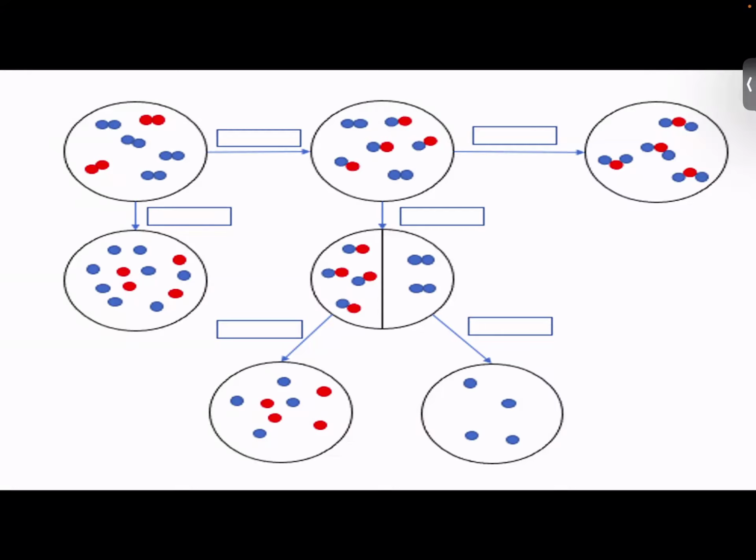Now, in order for it to be a physical change, it means that if it's H2, it's H2 at the beginning and it's H2 at the end. If it's not H2 at the beginning and H2 at the end, that means that it underwent a chemical change.